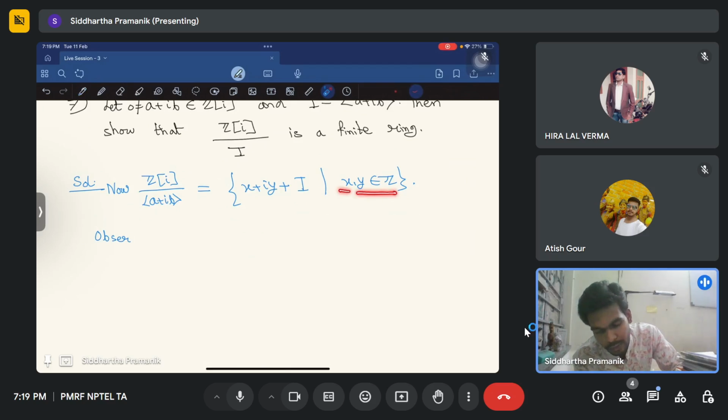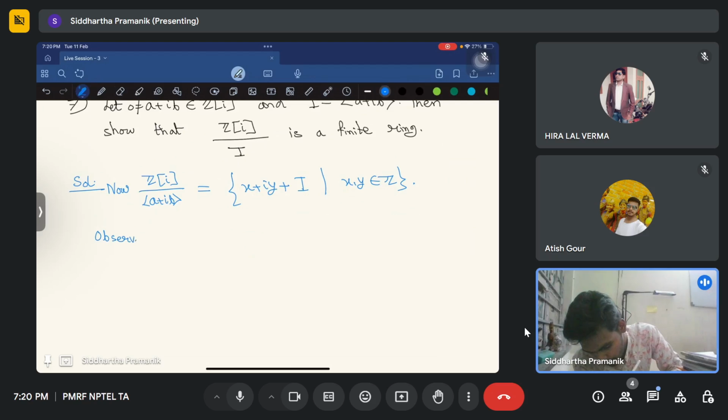If we can prove that x and y have only finitely many choices, then we are done, because then we will have only finitely many cosets. So that will be our target.